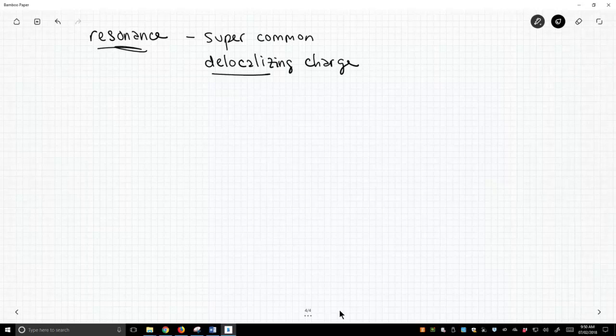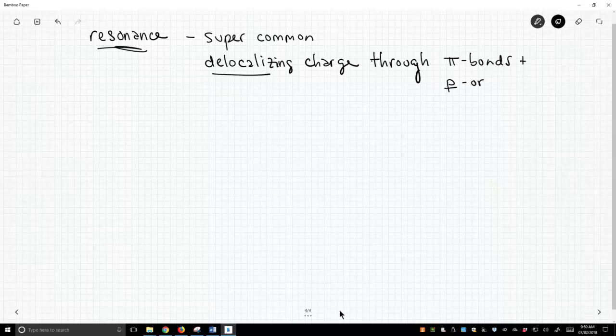So we're going to think of a molecule that has a charge on a certain atom, and we're going to draw alternative pictures that will show the charges on other atoms. So that's delocalization, that charge is spread out. Delocalization of charge through pi bonds and p orbitals.